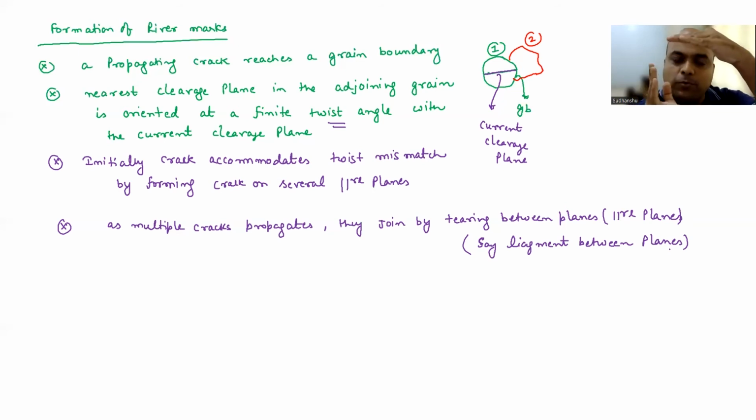Now they are going to grow, and as they grow, there will be some ligament or material left between these two parallel cracks. They are going to join. They are going to tear. Okay, and then the cleavage crack propagates. Now, since you have formed lots of these cracks, they are going to consume lots of energy, right? To minimize that, after it has grown to a certain length, they join together and become a single crack.